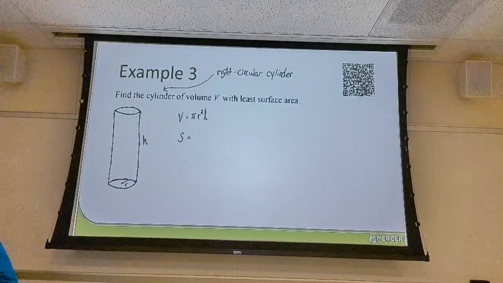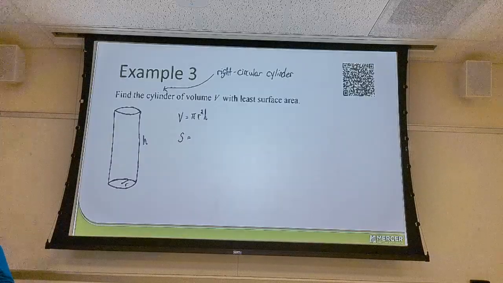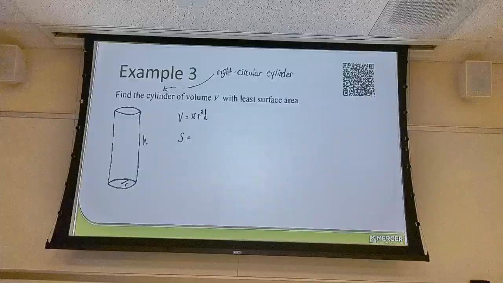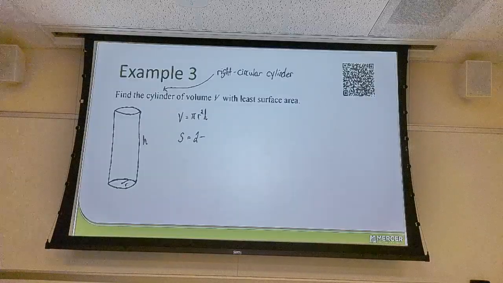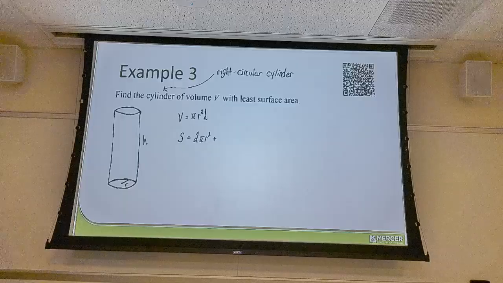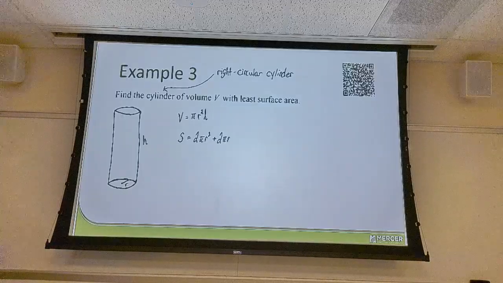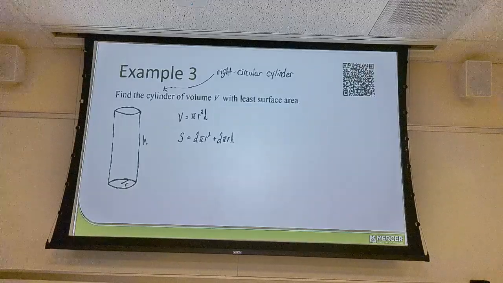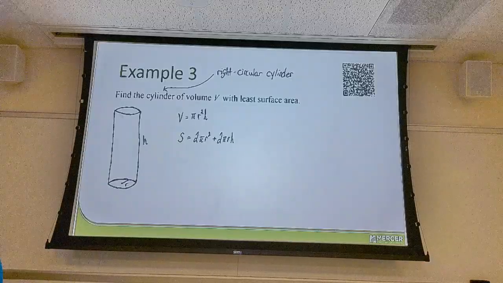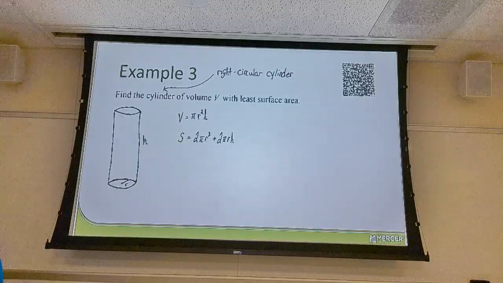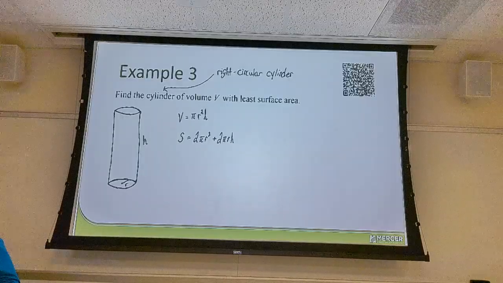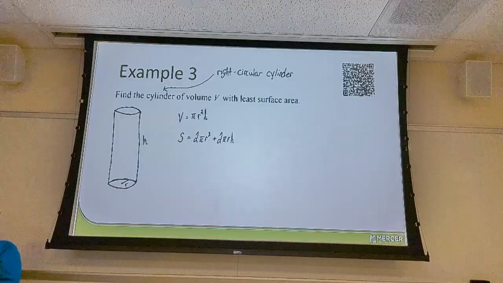What is the surface area? 2 pi r squared plus 2 pi r h. You can factor something out of that. You can factor 2 pi r out of that. Right, so that is the surface area.